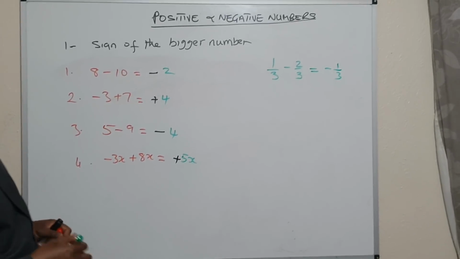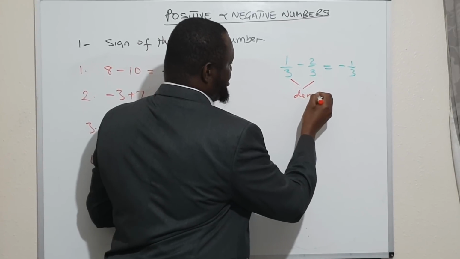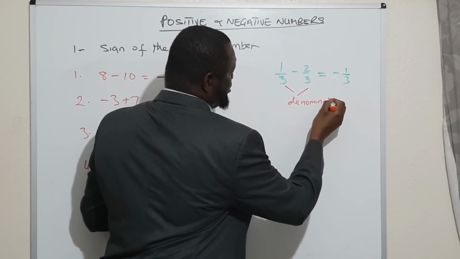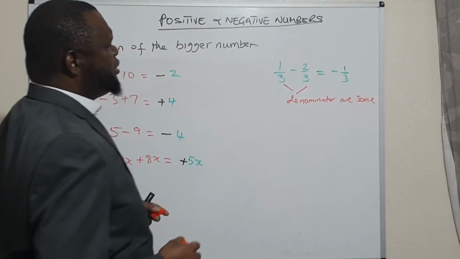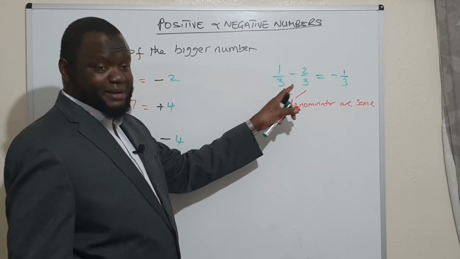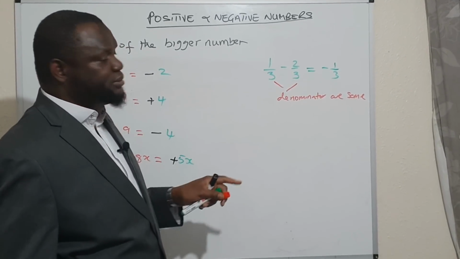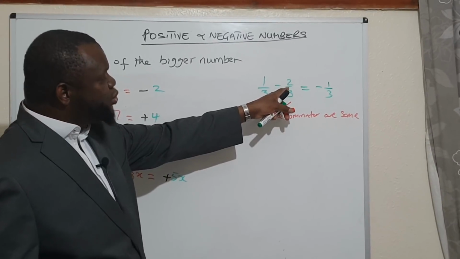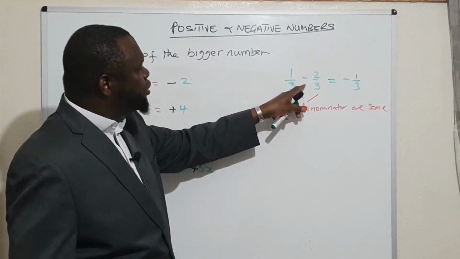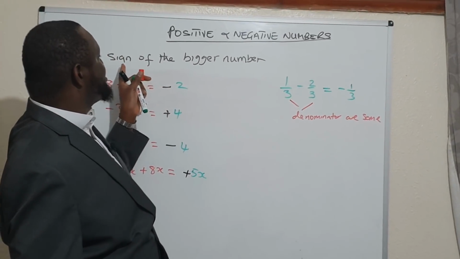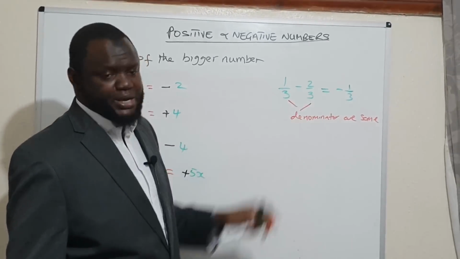In fractions, when the denominators are the same, you just add the top. So we just apply our rule of sign of the bigger number. The bigger number is 2, its sign is minus, so our answer will be minus.